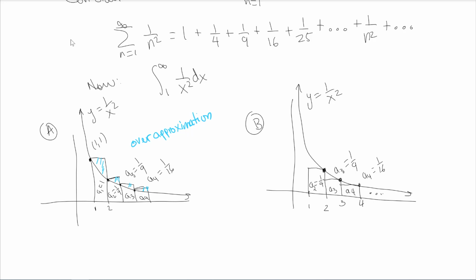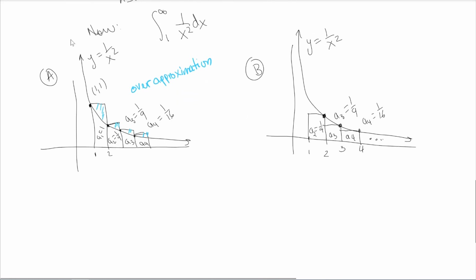One of the things that you can notice is that the series is squeezed between these two. And what I mean by that is my A1 plus A2 plus A3 plus dot dot dot plus A sub n is between the integral from 1 to my last one here, which is going to be n.